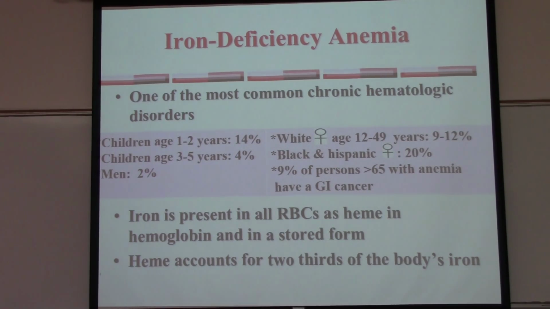Ferritin is in your bone marrow, spleen, liver, and muscles. 2/3 is heme, and 1/3 is ferritin. Heme gives red cells their color. So if you don't have heme, you have a small, pale blood cell.